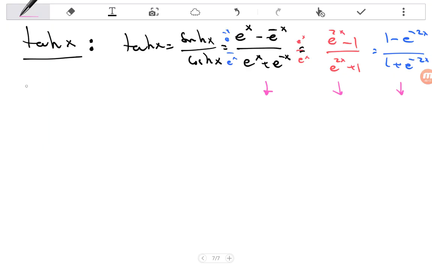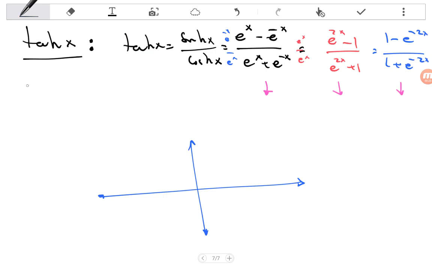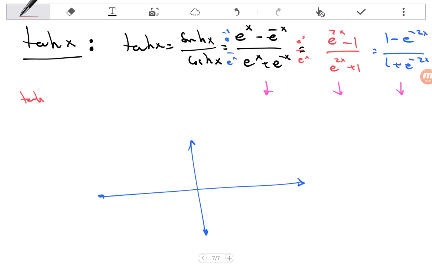Now, let's graph tanh x. But before graphing tanh x, let's look at some main points. What about tanh 0? Tanh 0 is sinh 0 divided by cosh 0.